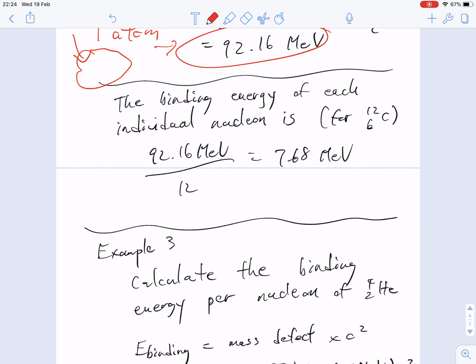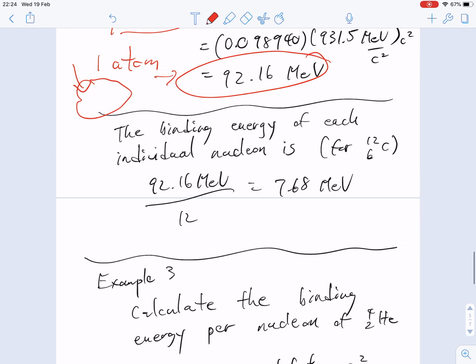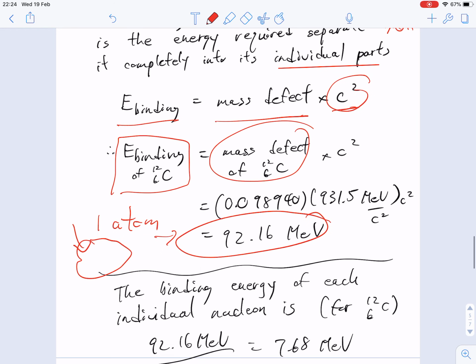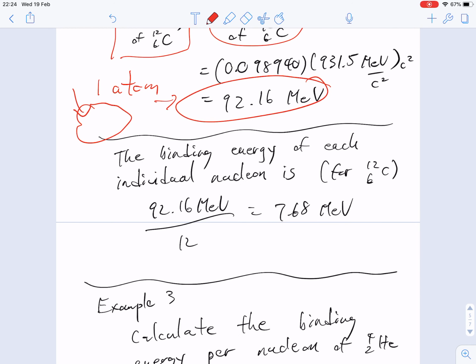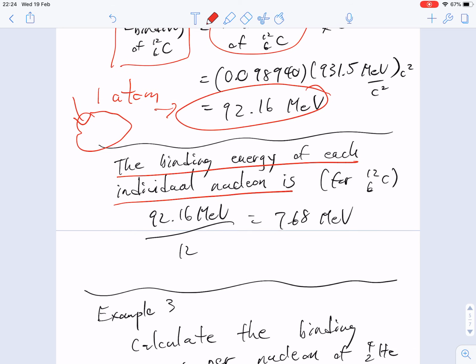As I mentioned a little bit earlier, it's actually the individual parts, so the binding energy of each individual nucleon. Maybe for one proton or for one neutron, it is this much energy. So this is for one nucleon.